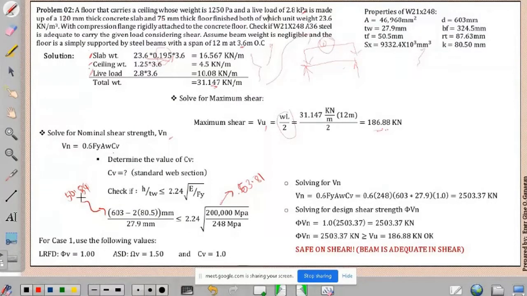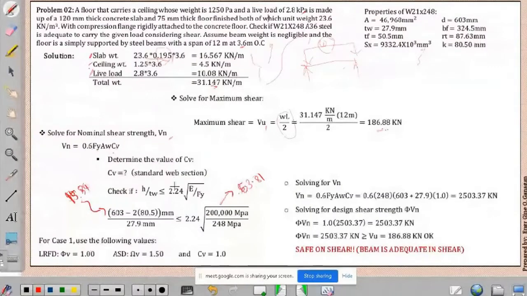Ma'am, hindi 50.84, ma'am, this is 15.84, and the other is 63.61.